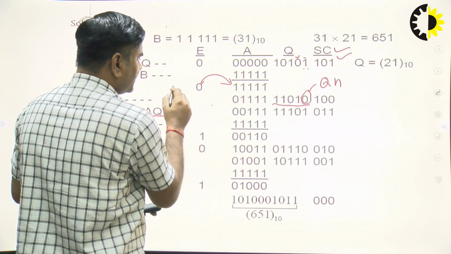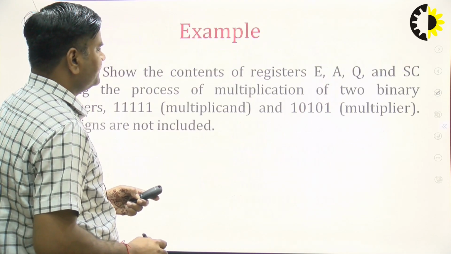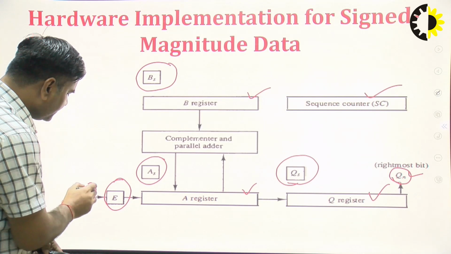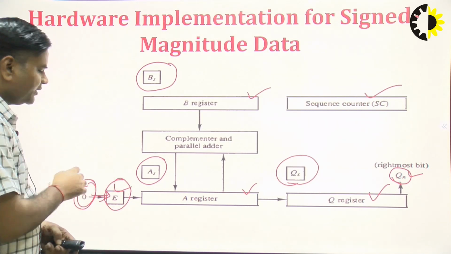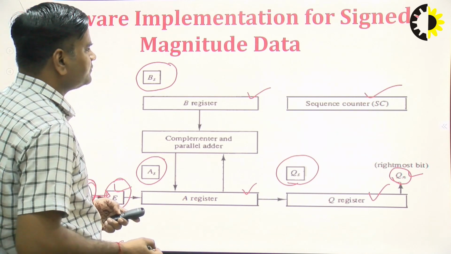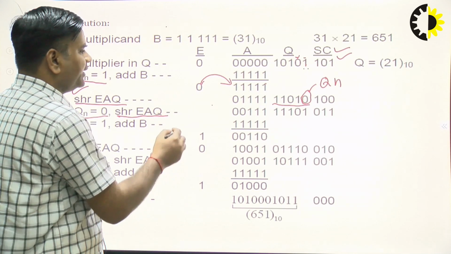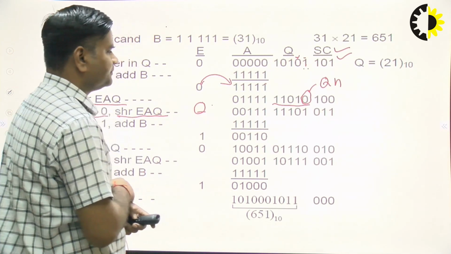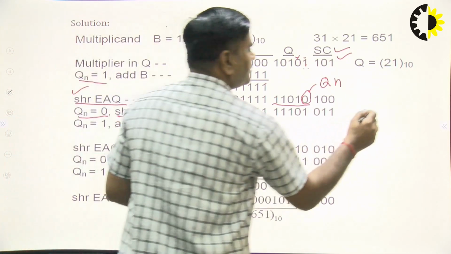Then we can see in the hardware implementation, here the 0 is supplied to the E. So, here there is a blank space, and that is filled with 0. So, here we can place this 0.